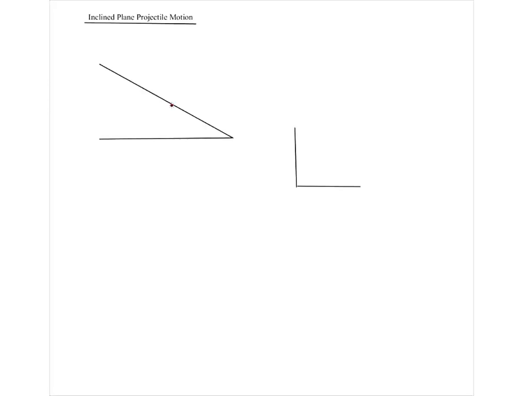The little disadvantage of doing that is, if you take the typical XY system, then because G is acting downwards, you have an advantage in the motion for X direction.